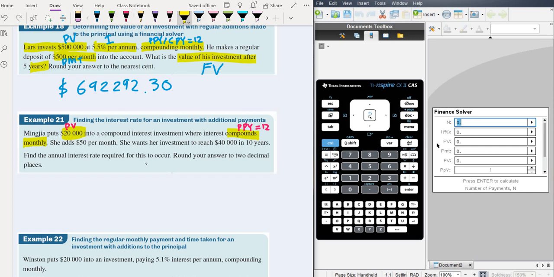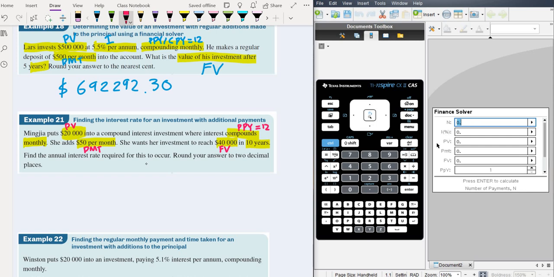And the next bit of information says she adds $50 per month, so that's going to be our payment, PMT. And then she wants her investment to reach this much in 10 years. So here we're given the future value. So this is our future value that we want.